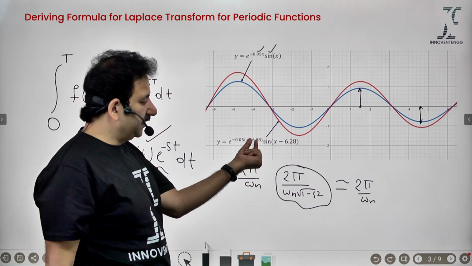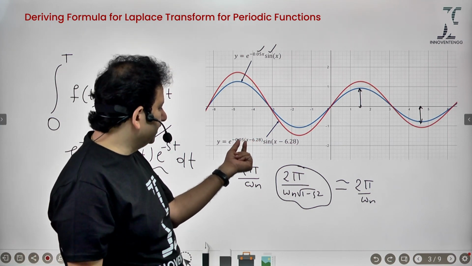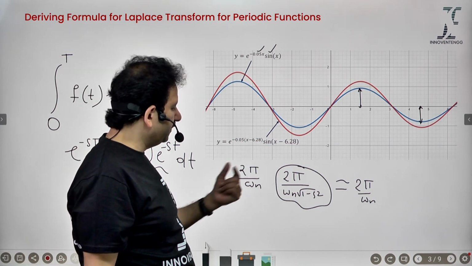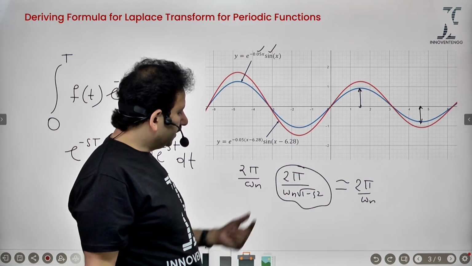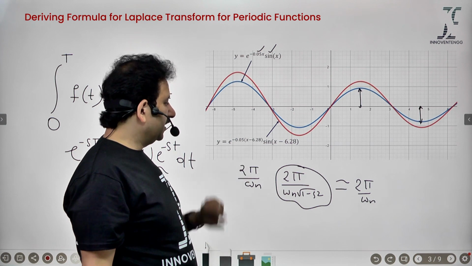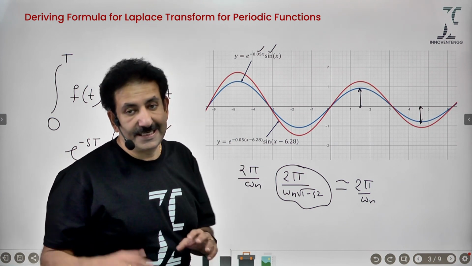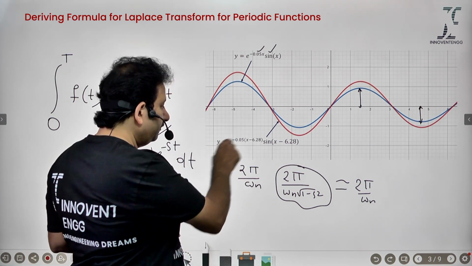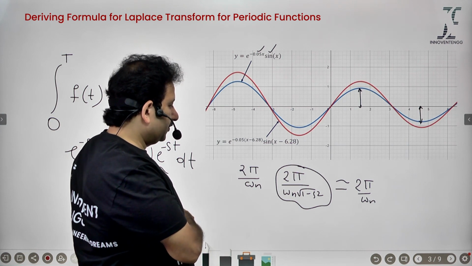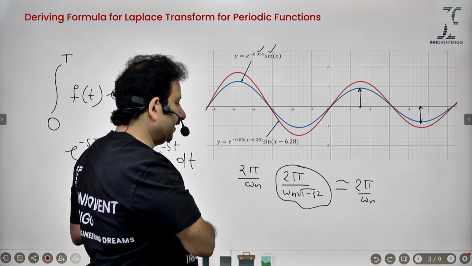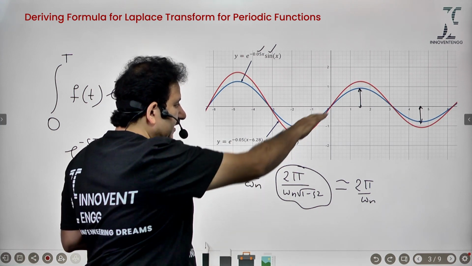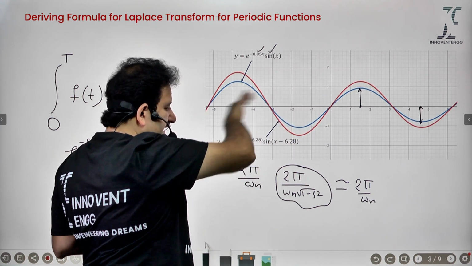This is the approximate period because it's a damped oscillation. This is not the exact period, approximate period. So which I said, when the damping ratio is very, very small, the period is almost equal to the period that you find in an undamped situation. Now, I told you two things. You can either subtract the period or add the period. If you add the period, the wave would get shifted left.